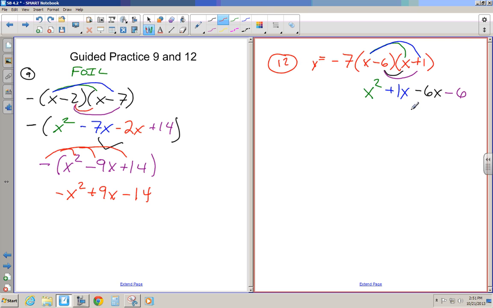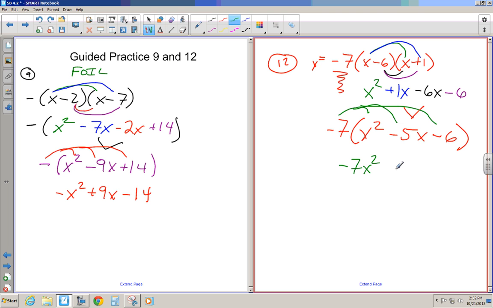Combine some like terms. You get x squared minus 5x minus 6. But please, please, please do not forget that beginning. So negative 7 gets distributed into everything in front there. Negative 7x squared plus 35x plus 42. That's now written in standard form.